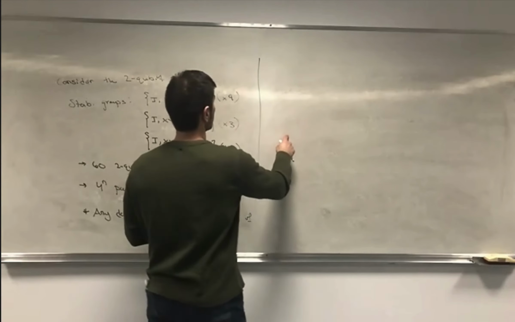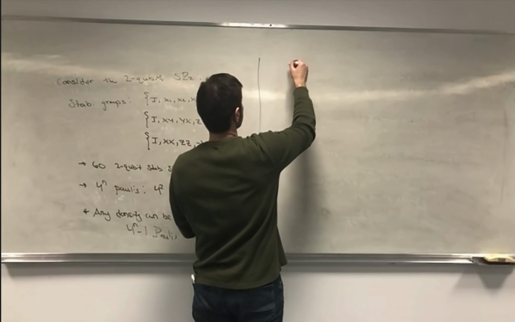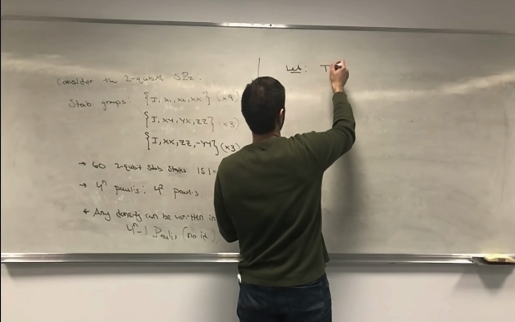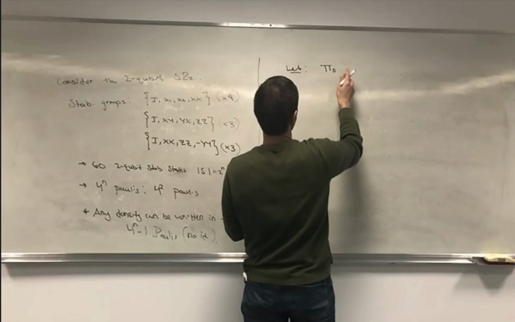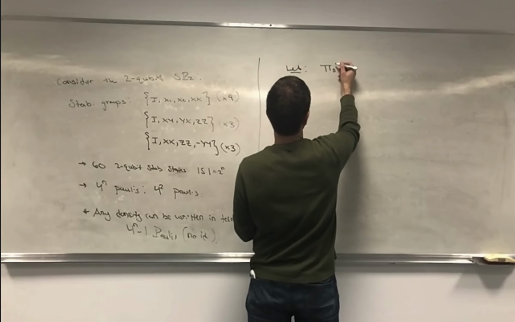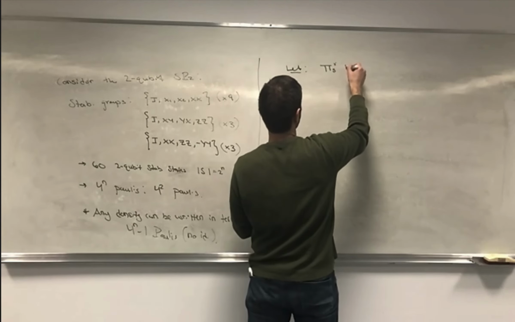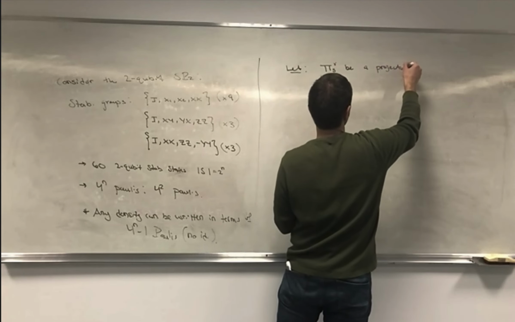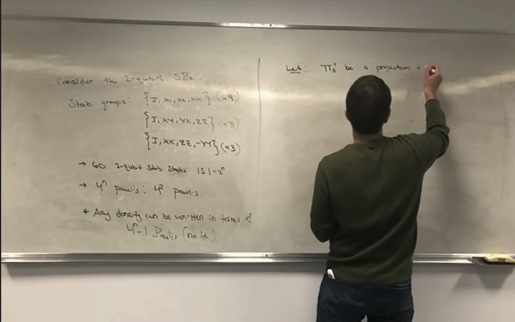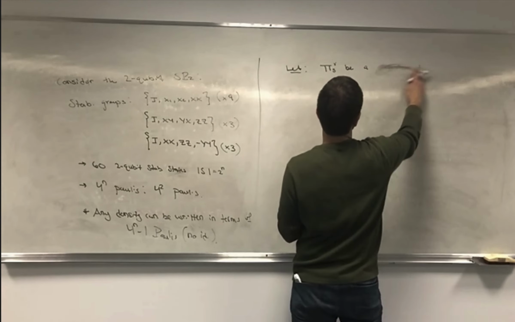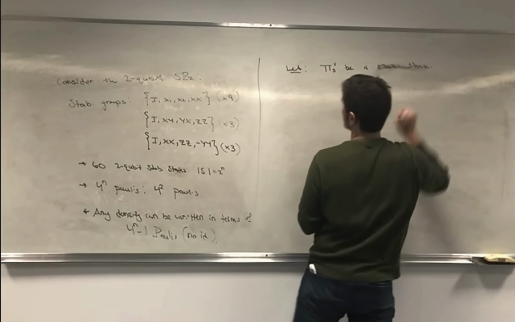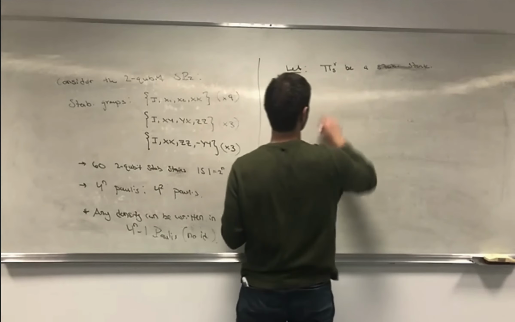So just for completeness, let rho gamma be a stabilizer state corresponding to one of these stabilizer groups in a particular signing.